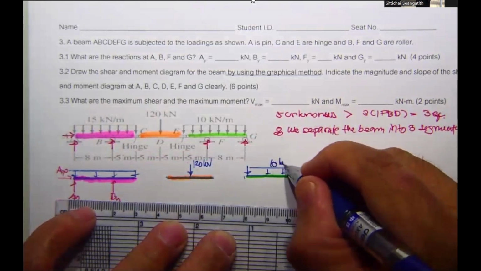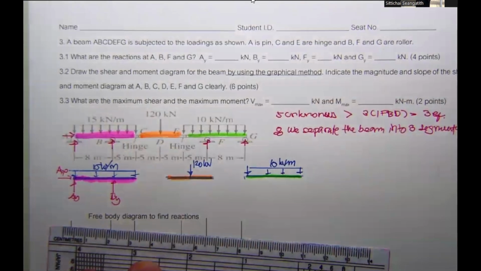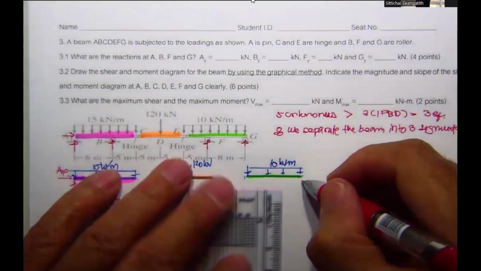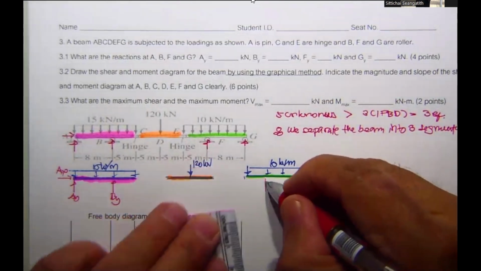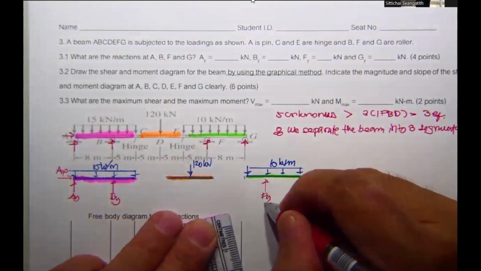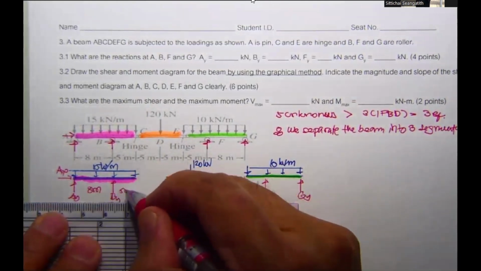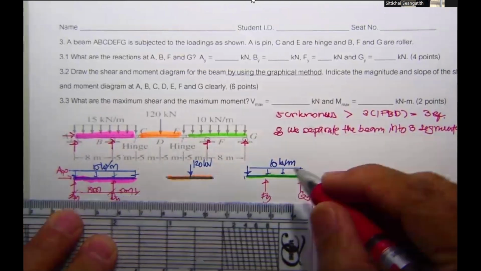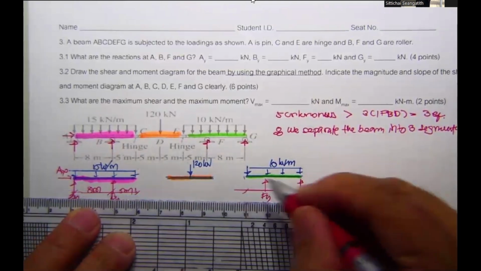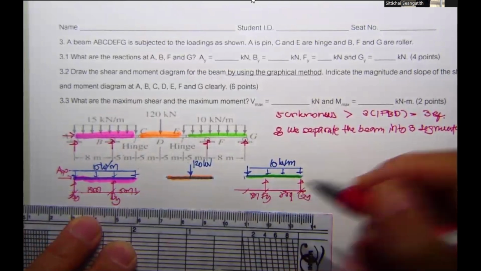This is 10 kilonewton per meter, 15 kilonewton per meter, and over here we have the reaction G sub Y, and this one F sub Y, and this is 8 meter, 5 meter. And for this one, you also have 5 meter, 8 meter.